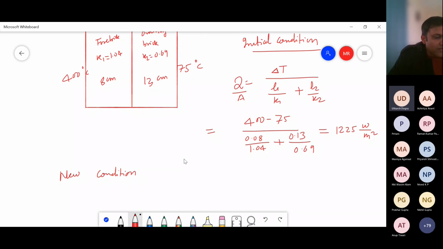Also, the rate of heat transfer is reduced by 250 watt per meter square. So what will be the thermal conductivity of the plaster layer? That is what the question is.